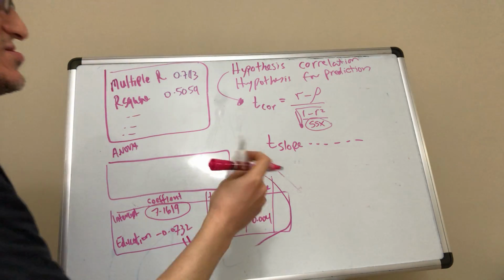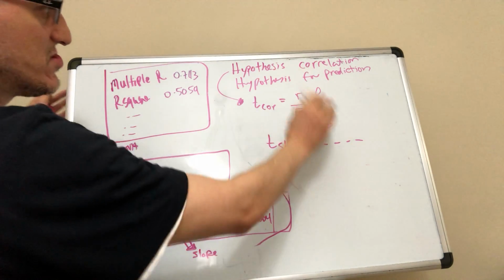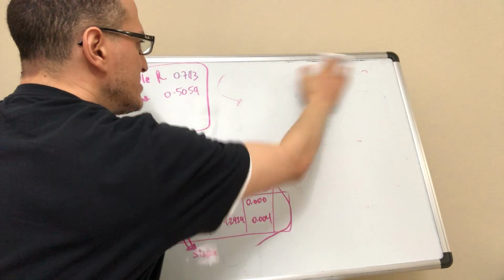So, to do this using hypothesis testing, whether correlation or slope, you can do it this way.